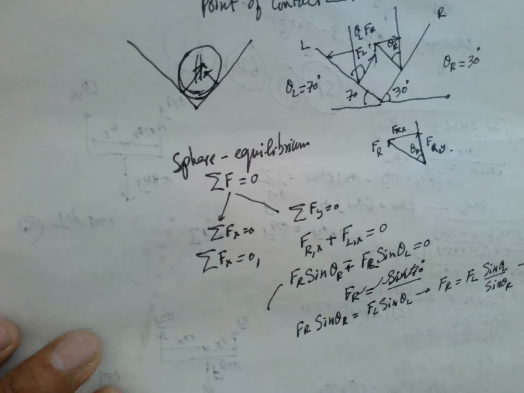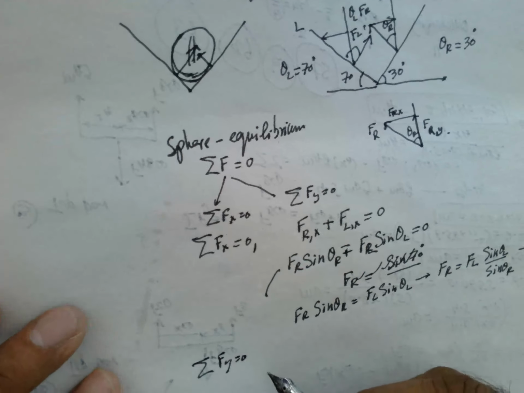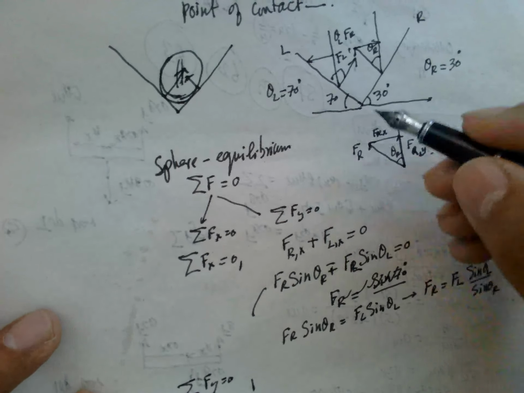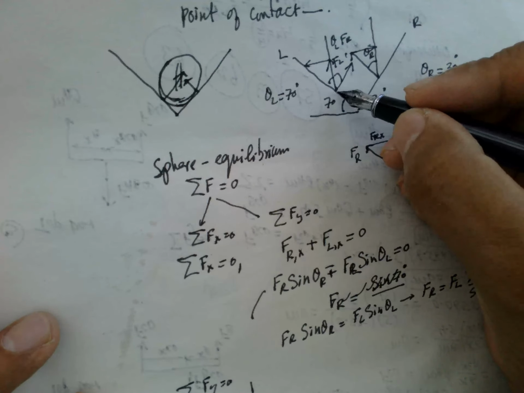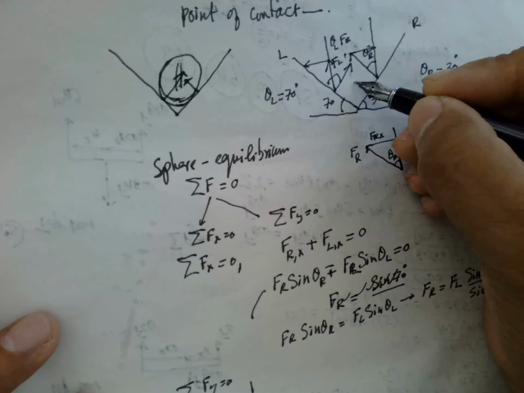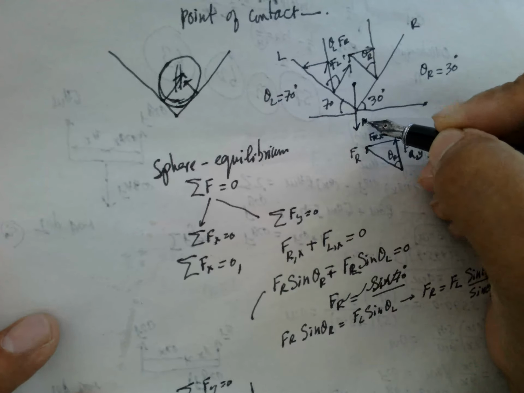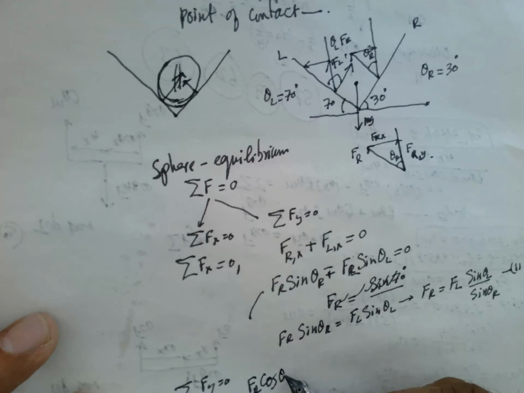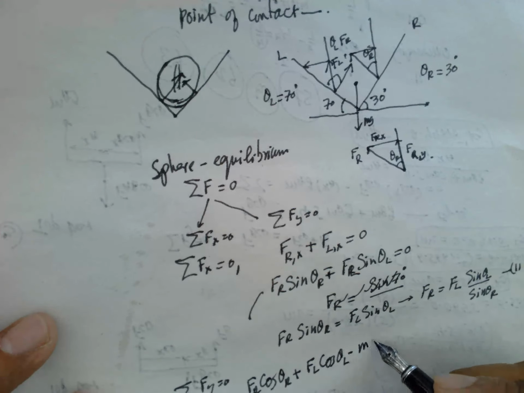Now the sum of the y components is equal to 0. This is up and the other one is also up, but there is one component which is mg. So this is the sphere and this is mg. F_R cos theta R plus F_L cos theta L minus mg is equal to 0.